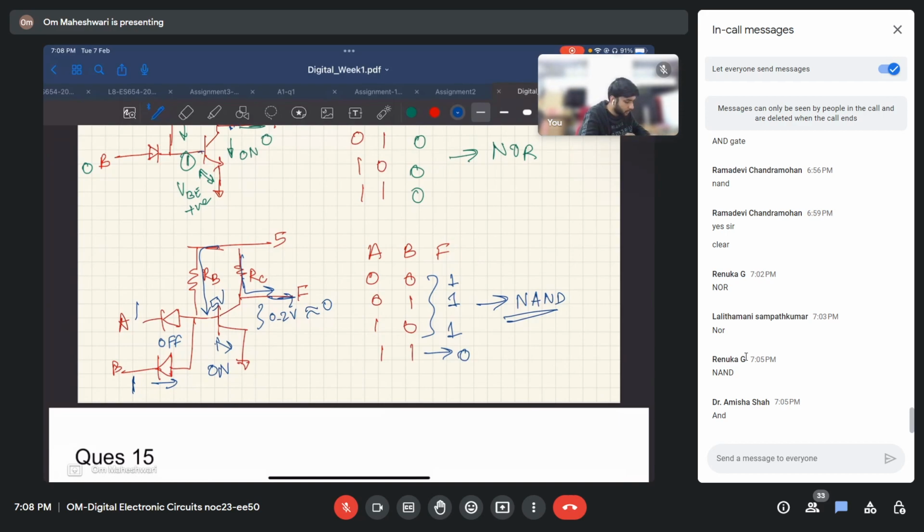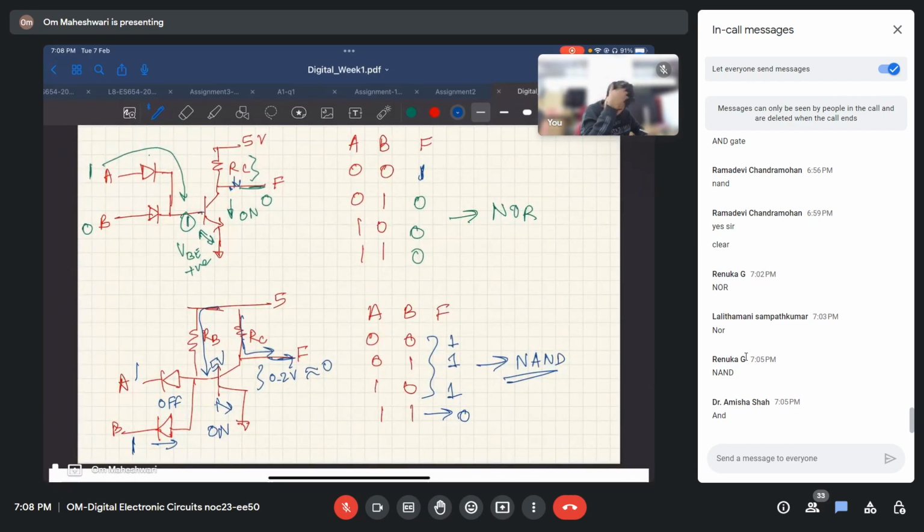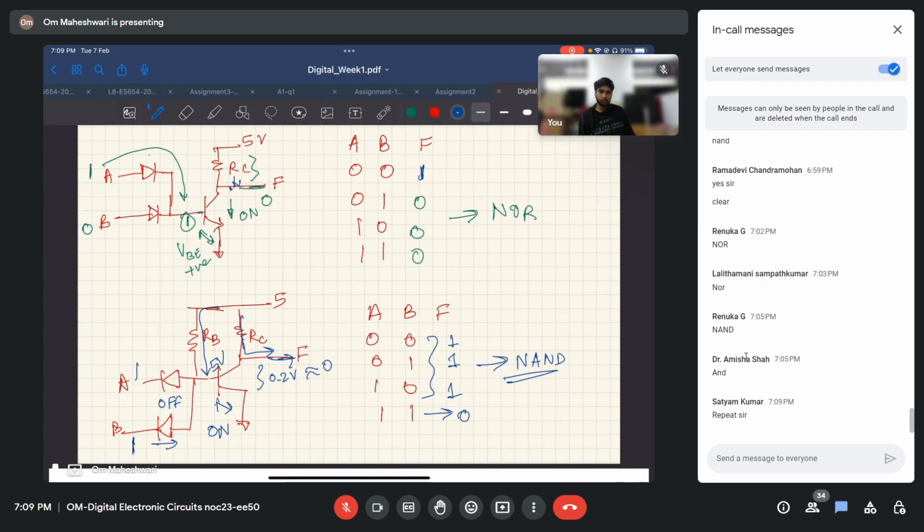So Renuka was correct. Yeah. Is there any doubt in these two? The analysis is clear. Is it clear? Repeat.